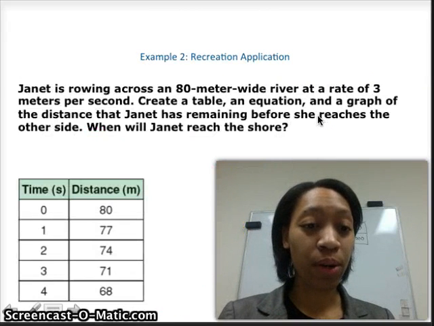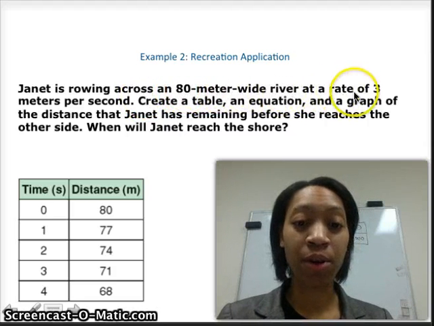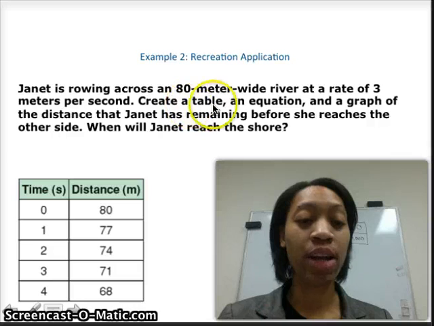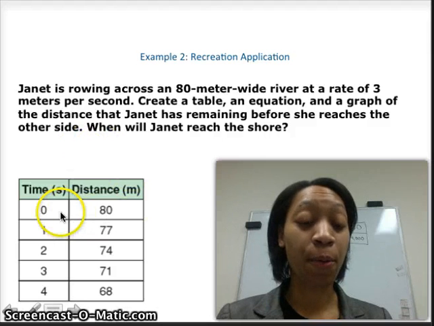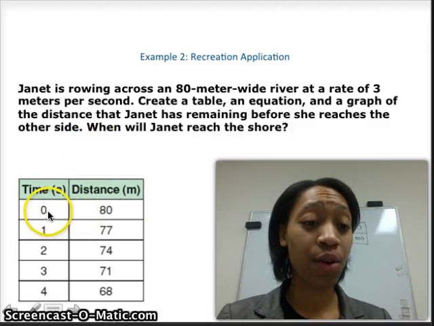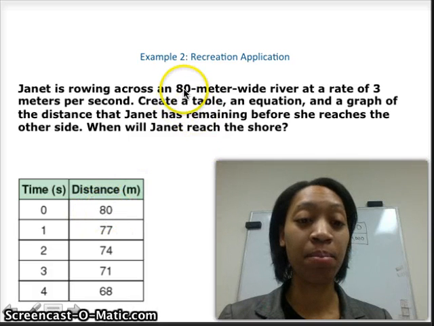Jane is rowing across an 80-meter wide river at a rate of 3 meters per second. Create a table, an equation, and a graph that show the distance that she has remaining before she reaches the other side. So at time 0, she has a distance of 80 meters, the whole river.